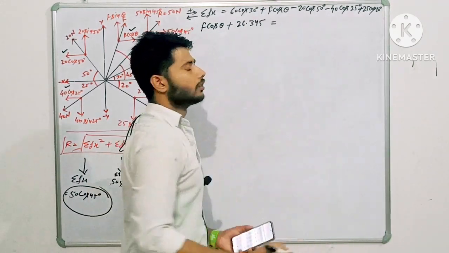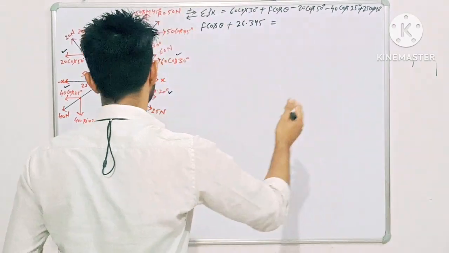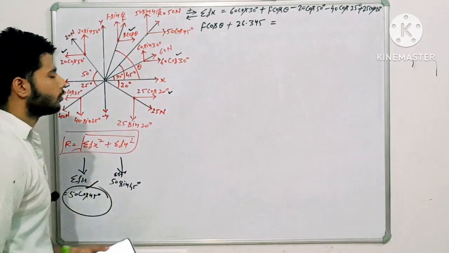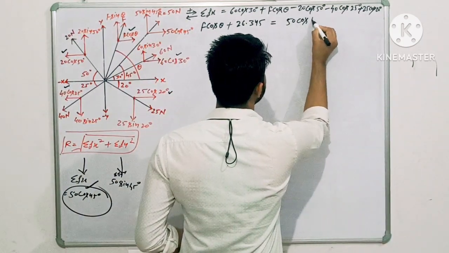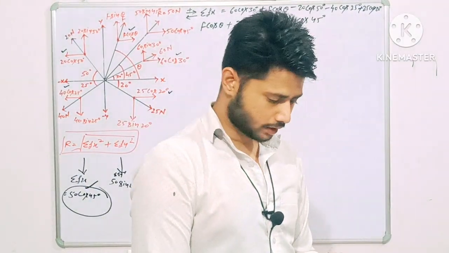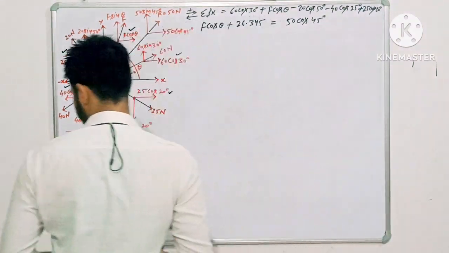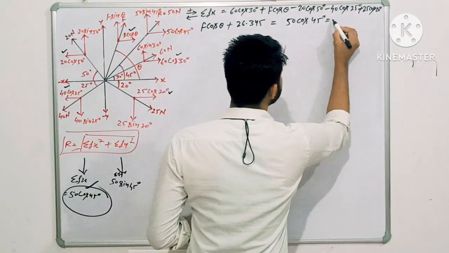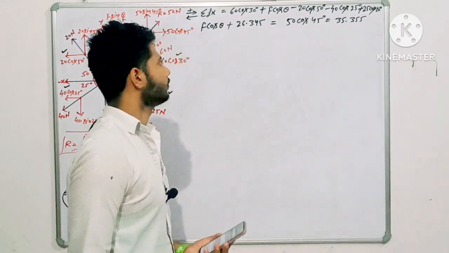26.345. This summation of all the horizontal forces will be equal to 50 cos 45 degree. So 50 cos 45 degree equals 35.355 Newton.